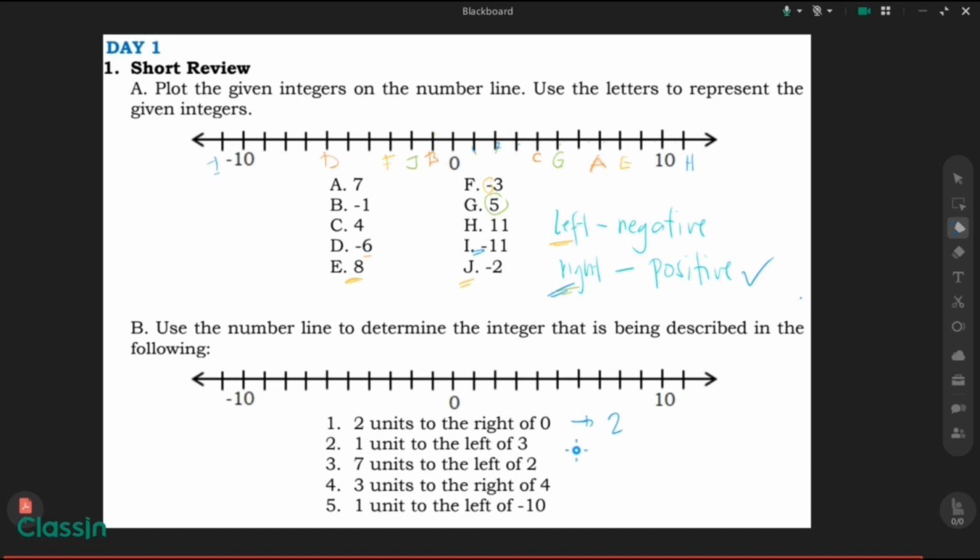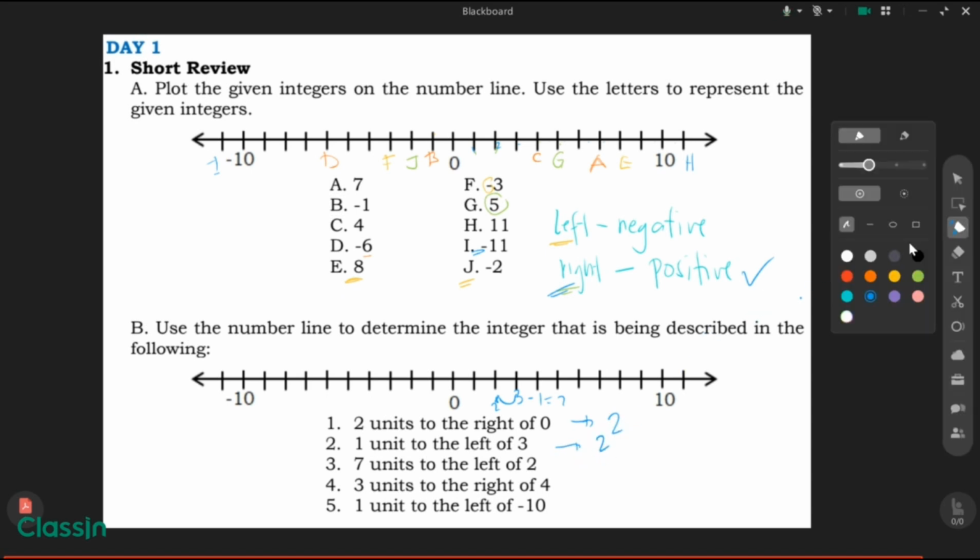What about this one? 1 unit to the left of 3. So again, 1 unit to the left of 3. If 3 is in here and we need to move to the left, we need to subtract 1. Very good. So 3 minus 1 is equal to 2. Since we are going to move 1, we will be here. So the answer is 2.